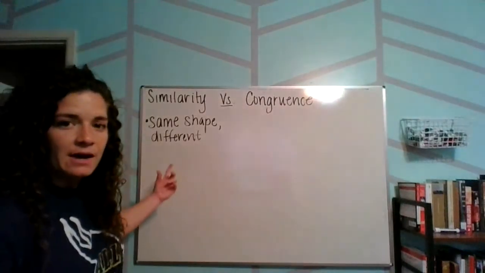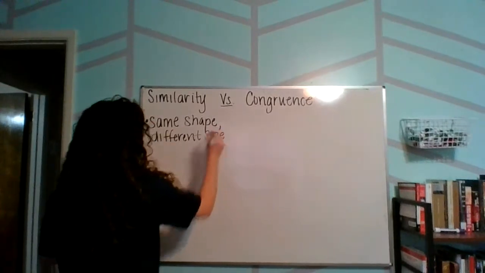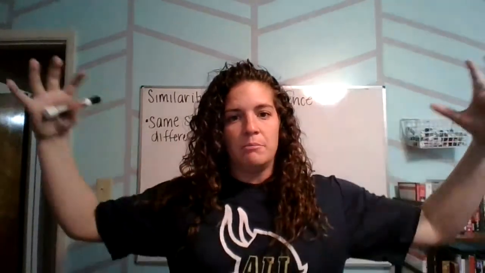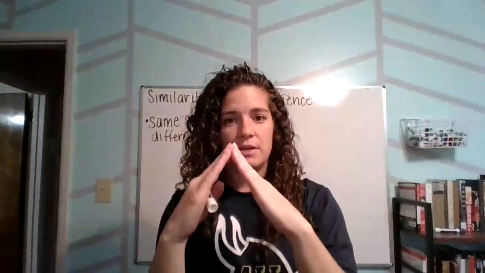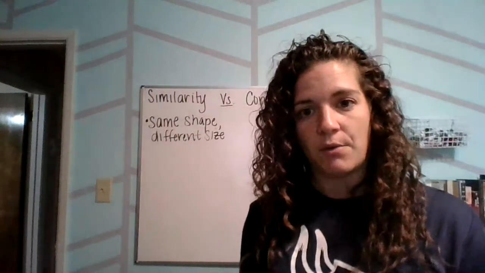But different size means it changed, right? Maybe if you had that star, it got bigger, but it's still the exact same star, it's just bigger. Or you started with this triangle and then you shrank it. It got smaller, but it's still the same triangle.